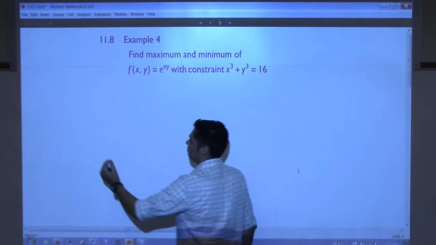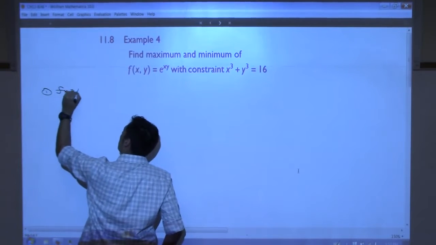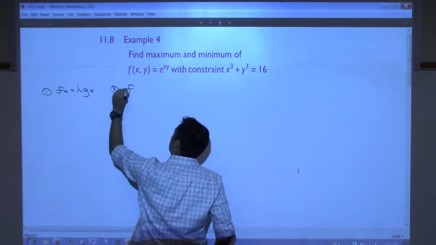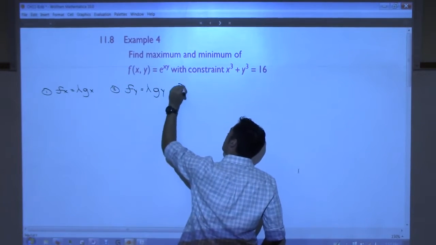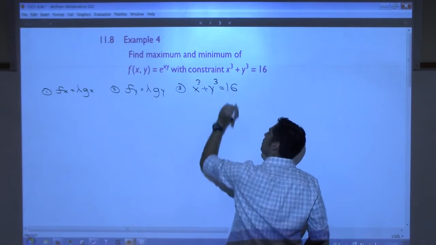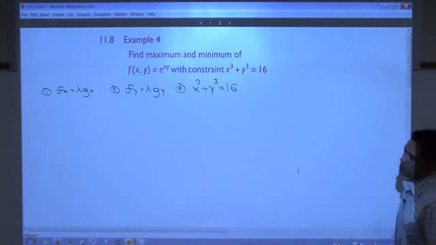So 3 equations. Partial f with respect to x equals lambda partial g with respect to x. Second equation, partial f with respect to y equals lambda partial g with respect to y. Third equation, constraint, x cubed plus y cubed equals 16. Once I set up the equations, I get to go solve them. So what is the derivative of f with respect to x?